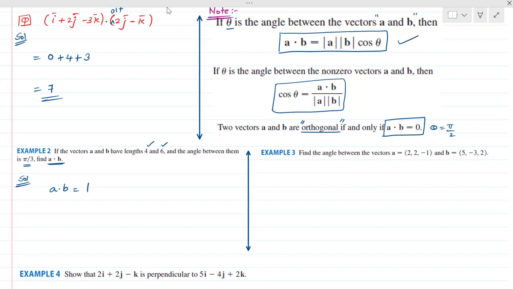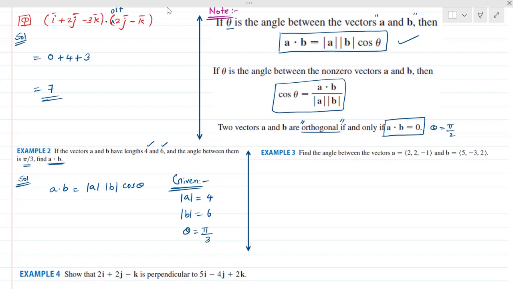So A dot B is equal to the magnitude of A, the length of B, and cosine theta. What is given in the question? The length of A is 4, the length of B is 6, and the theta value is equal to pi over 3.